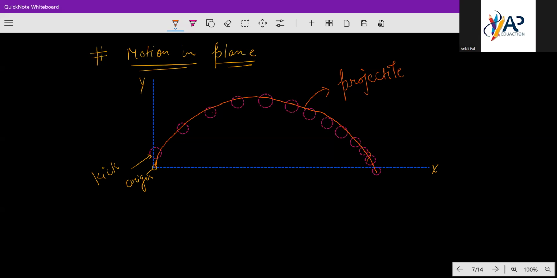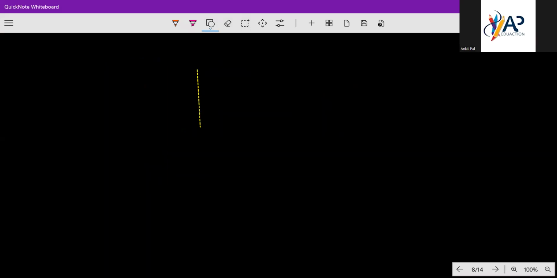Suppose that we know this is a motion along the x-axis and this is a motion along the y-axis, right? If we take a component, we can say this angle is some theta, then this component is cos theta and this component is sin theta.